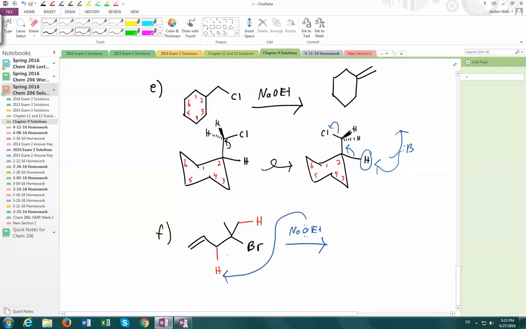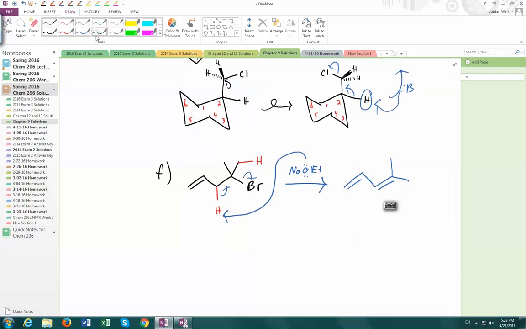If we eliminate this one, we'll end up with this product. If we eliminate the top one, we'll end up with this product.